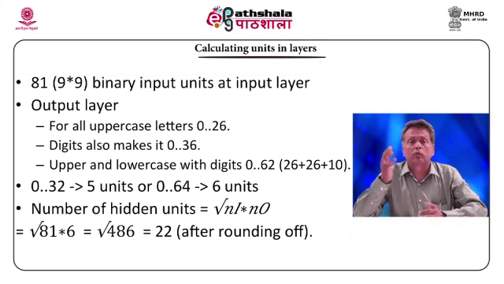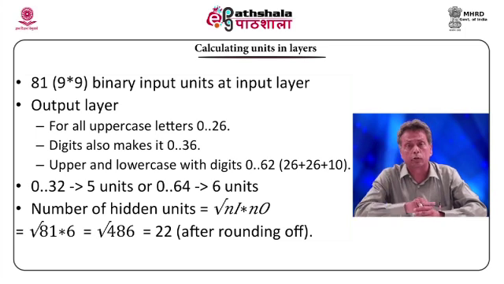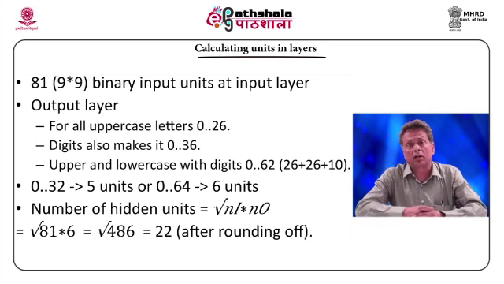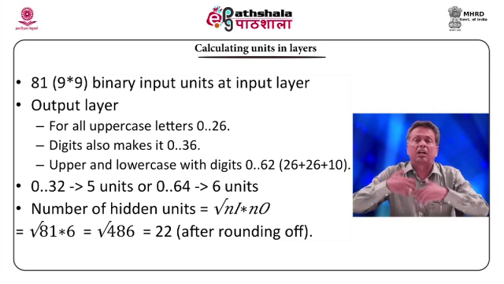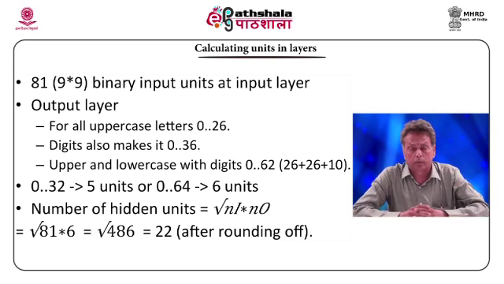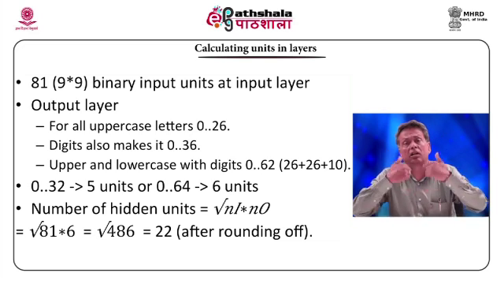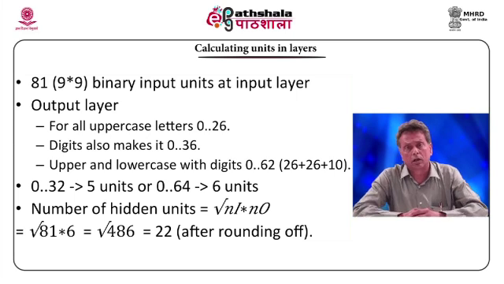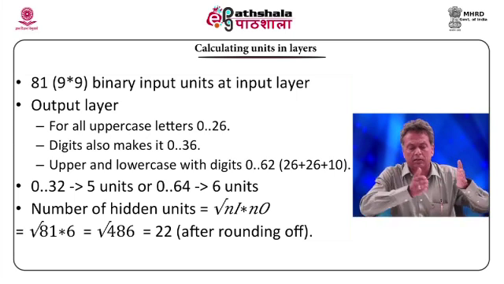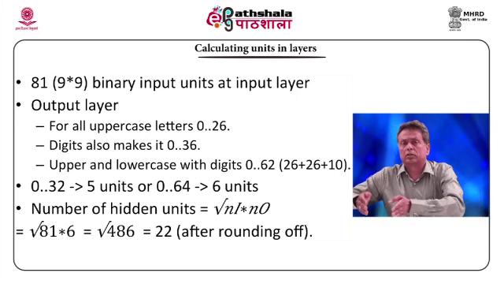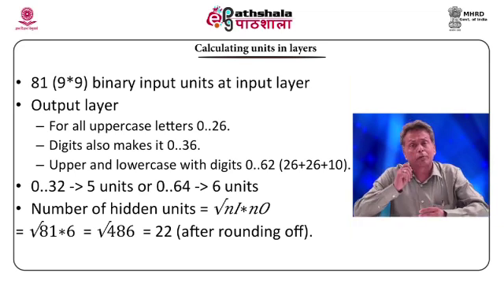In that case I need a total of 26 outputs. If I also include digits zero to nine, I need 36 outputs. If I also want lower and uppercase, it is 62 total. So what I need is either 26, 36 or 62. How many output units do I need?